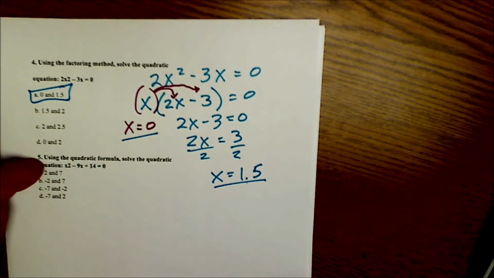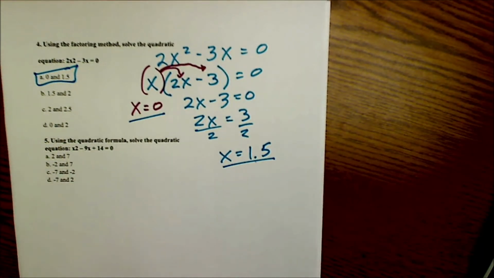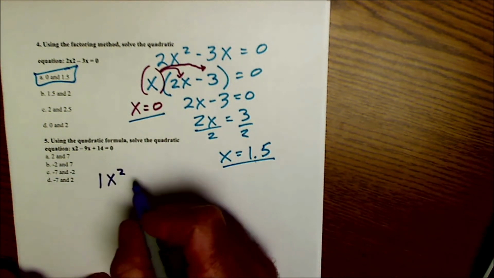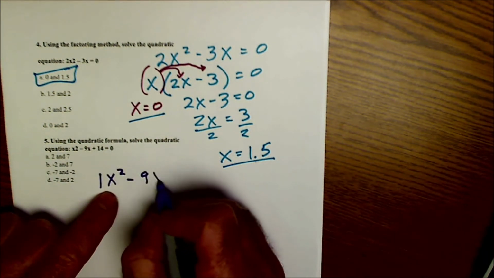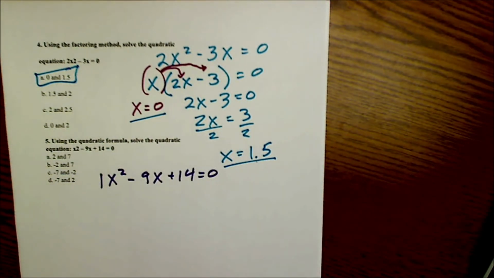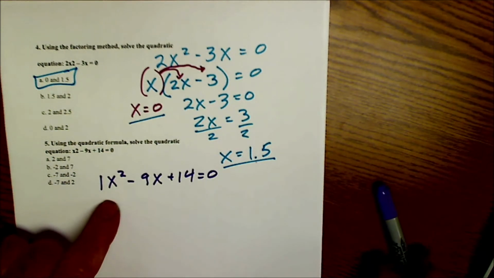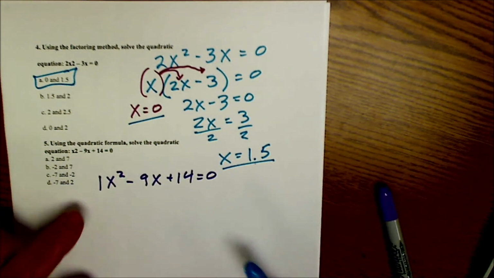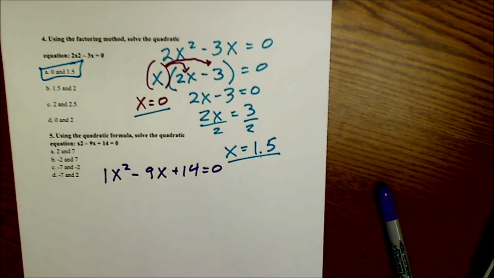Okay, make sure you're pausing these videos and doing the problems first. Using the quadratic formula, solve this equation here. So I have 1x squared minus 9x plus 14 equals 0. That's already set equal to 0. There's really nothing common to factor out, so I can't really simplify it. So I'm going to go right to the quadratic formula.